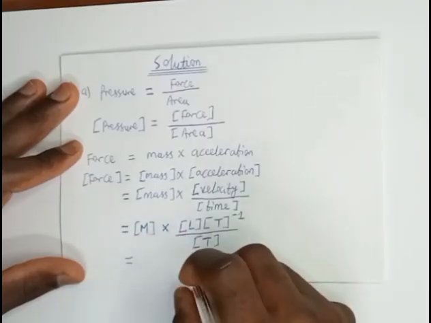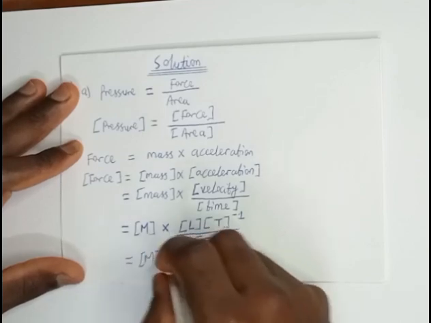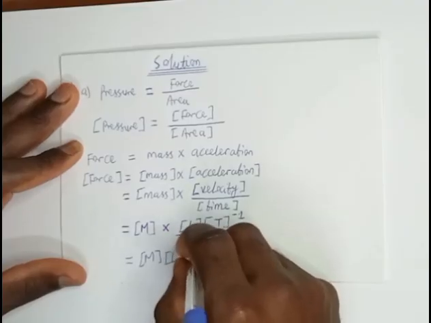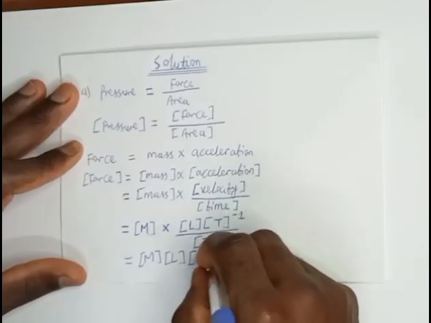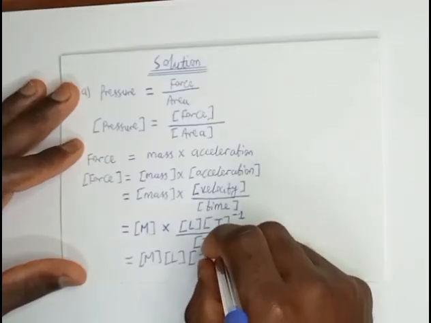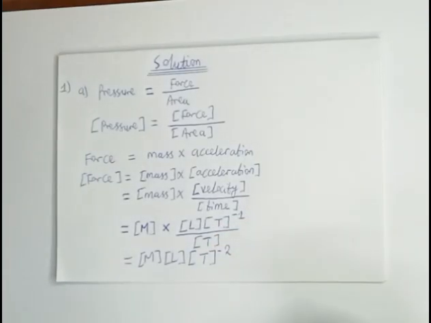This will simply give us m times L times t to the power, you take -1 minus 1, which gives t to the power -2. From this, we can write down the dimensions of pressure.